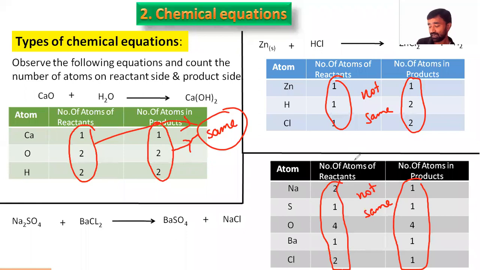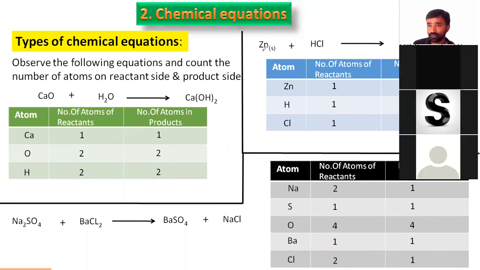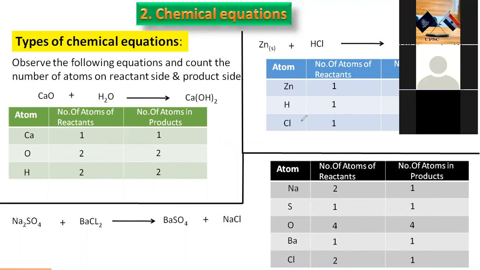So here it is simply according to the law of conservation of mass. Do the second and third examples satisfy the law of conservation of mass? Which is satisfying the law of conservation of mass among the 3? The first one. Only the first one.